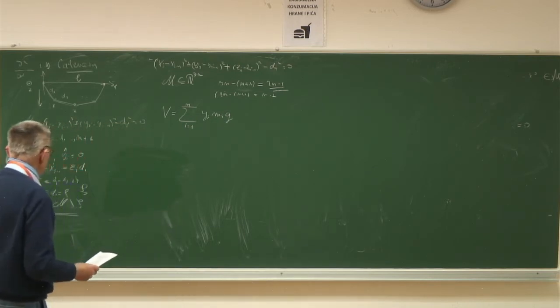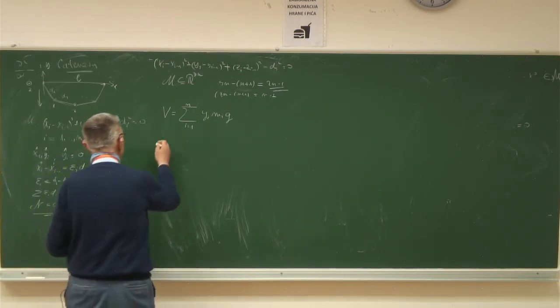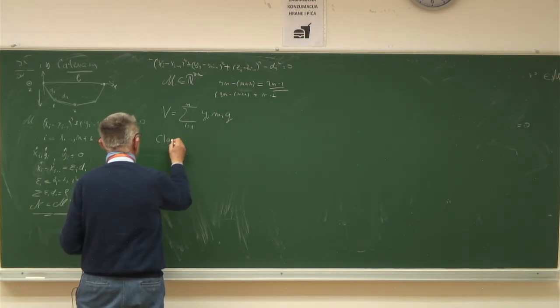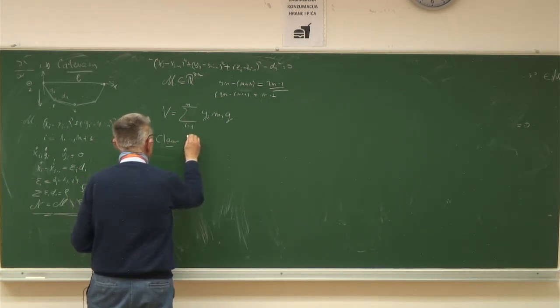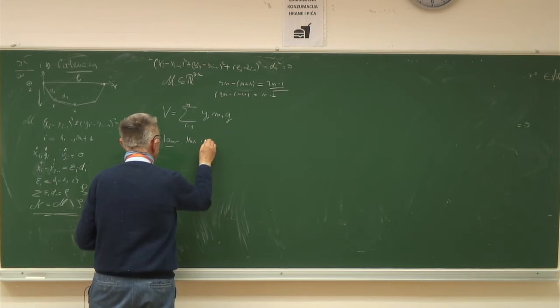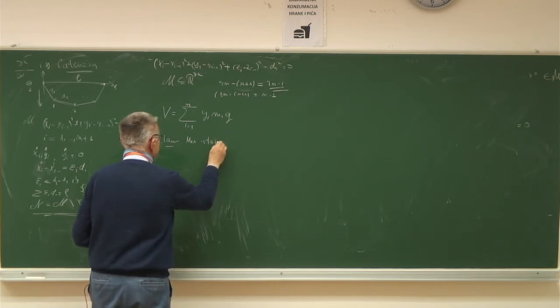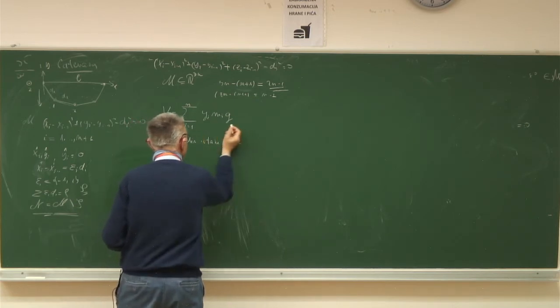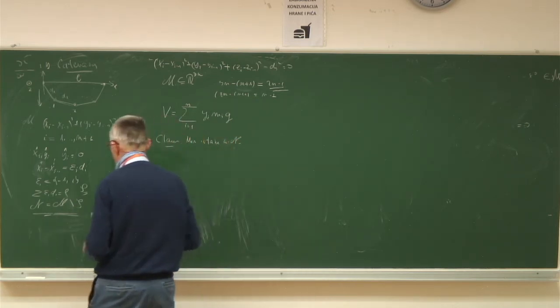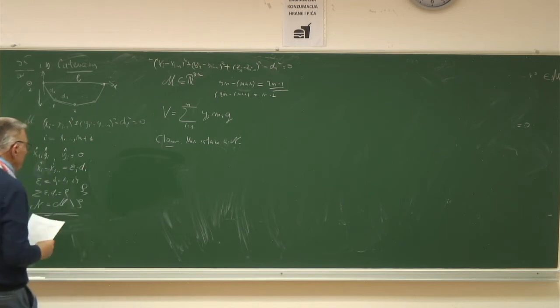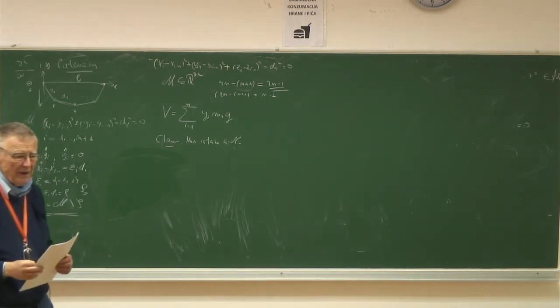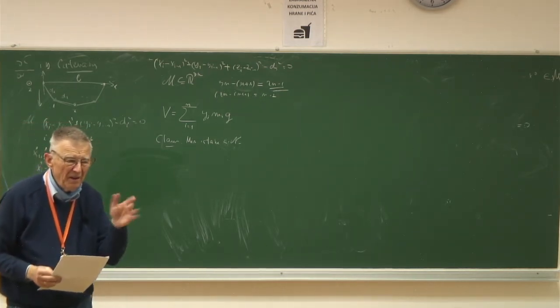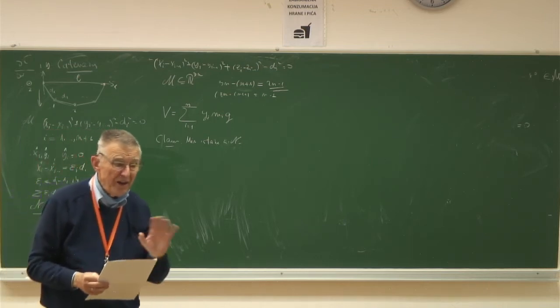So we claim the minimum is taken in M minus S. The minimum cannot be taken on singular points if they exist.